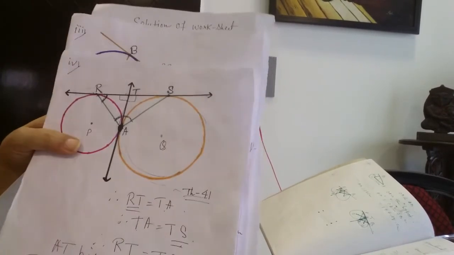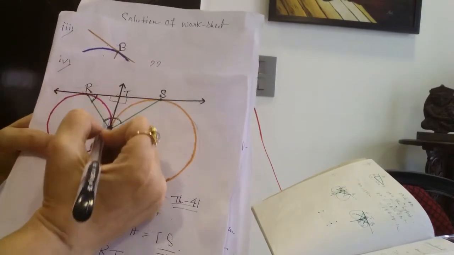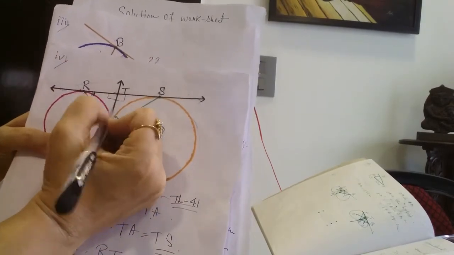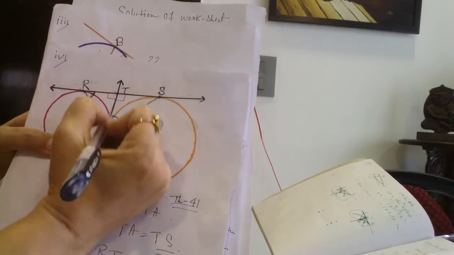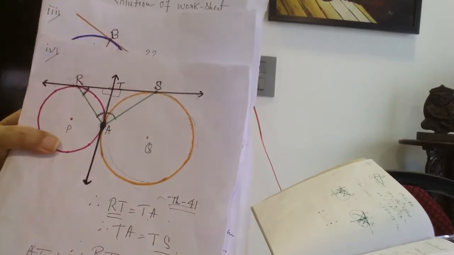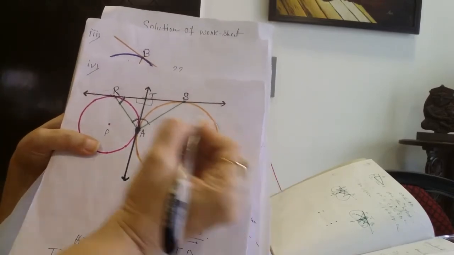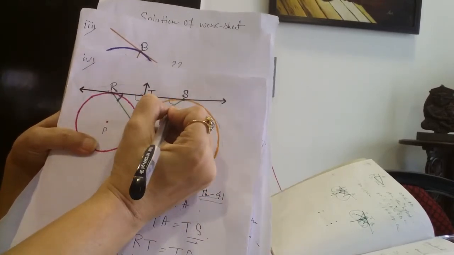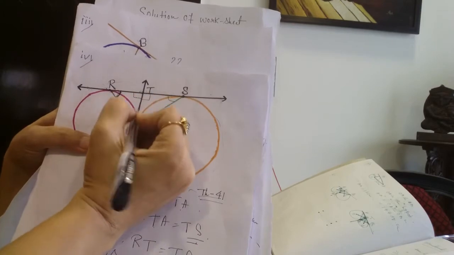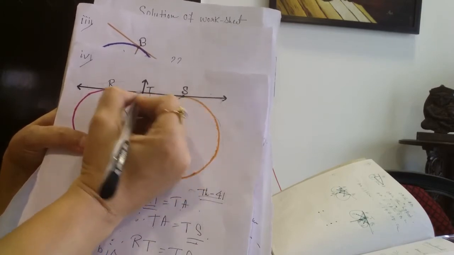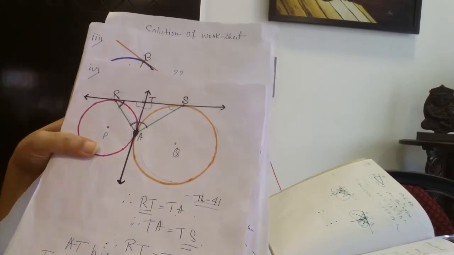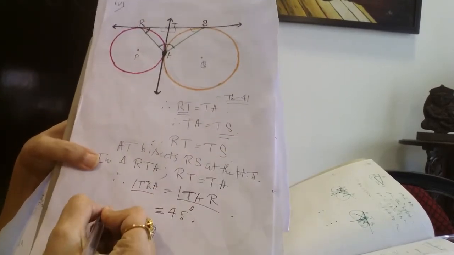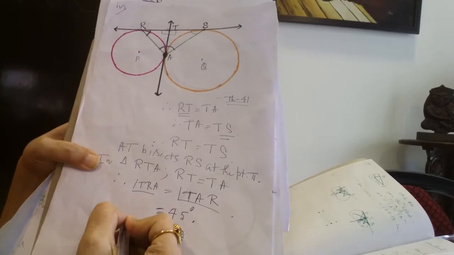For the same reason, you see triangle ATS. In triangle ATS, TS equals TA. So this is an isosceles triangle. Again base angles are equal. So angle TAS equals angle TSA.